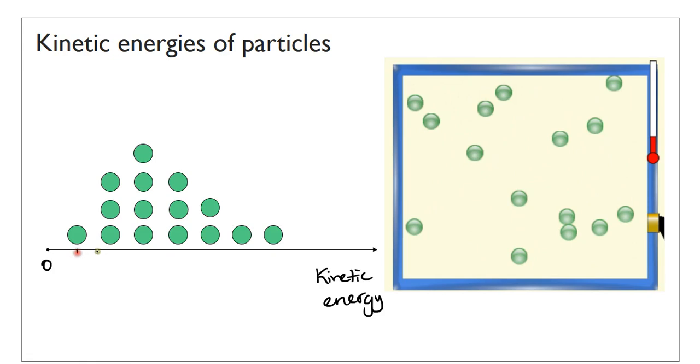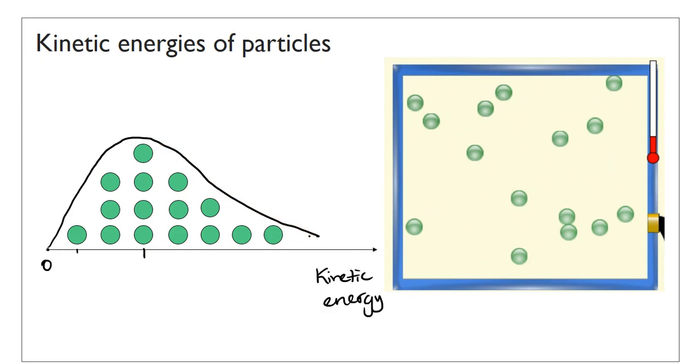The particles will cover a range of kinetic energies, and maybe you have some moving really slowly and some moving really quickly, and then the majority of them will probably move around these particular kinetic energies. So if I connect these, I can actually make a shape out of this distribution.